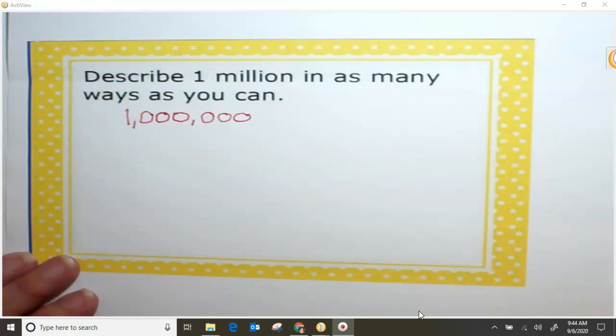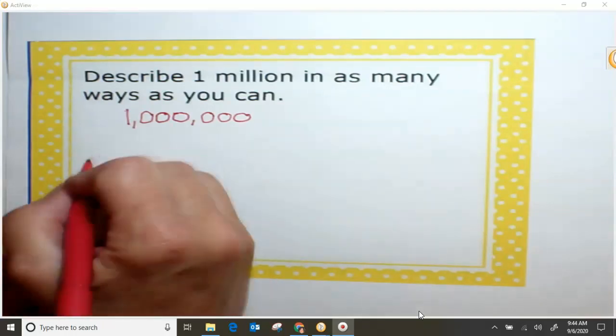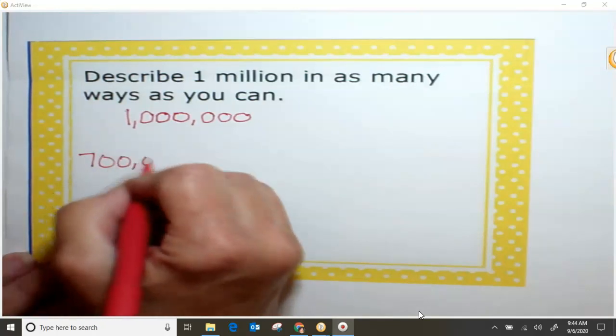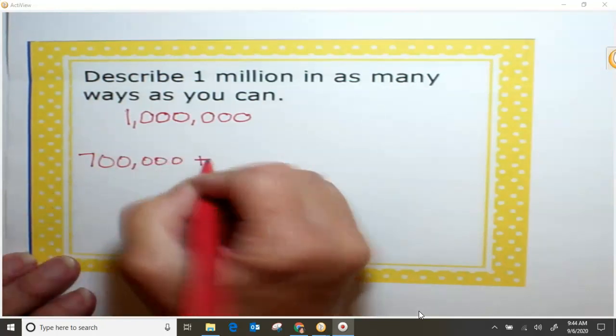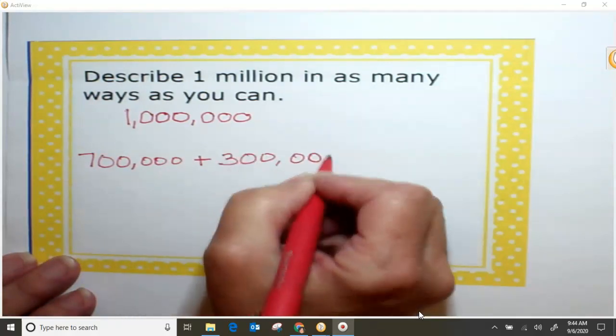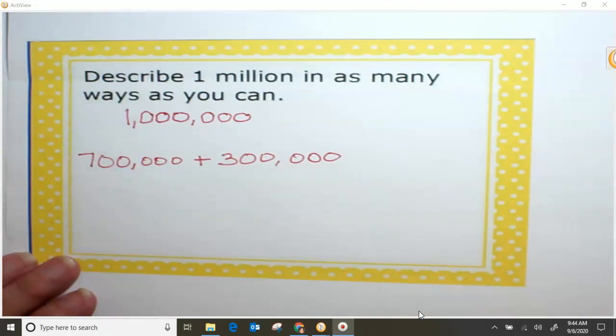I can also think of 1 million as 700,000 plus 300,000. So if I do 700,000 plus 300,000, that would represent 1 million. Why?